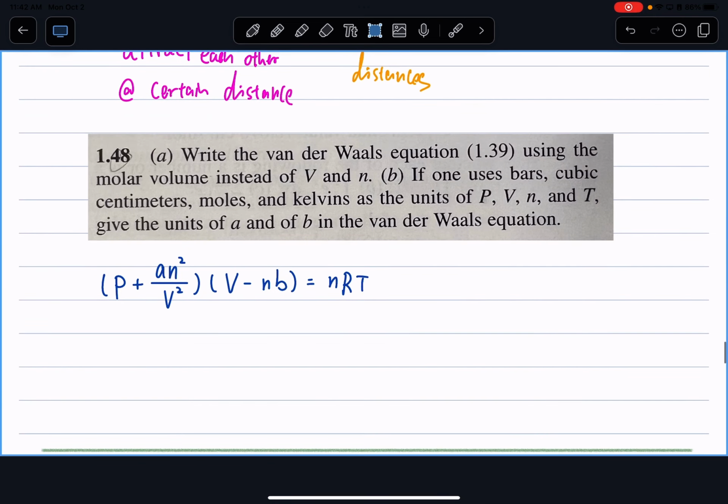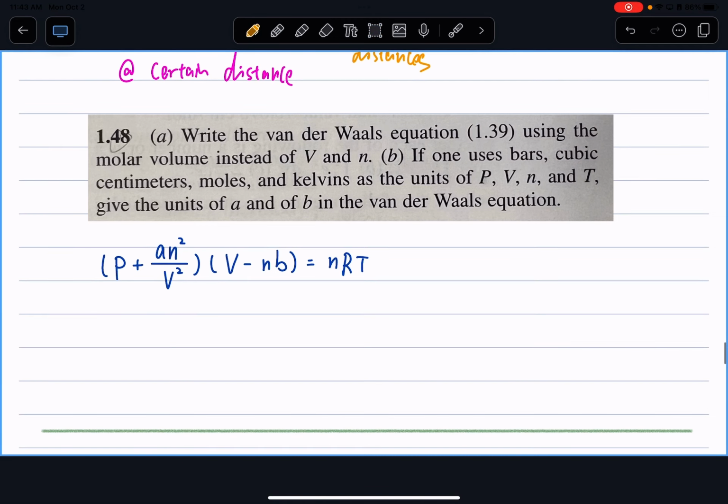If we use this Van der Waals equation here, you could be asked to write out what the units are for the constants A and B. For example, looking at V minus nB, because you can add and subtract between volume and nB, these two will have the same unit.